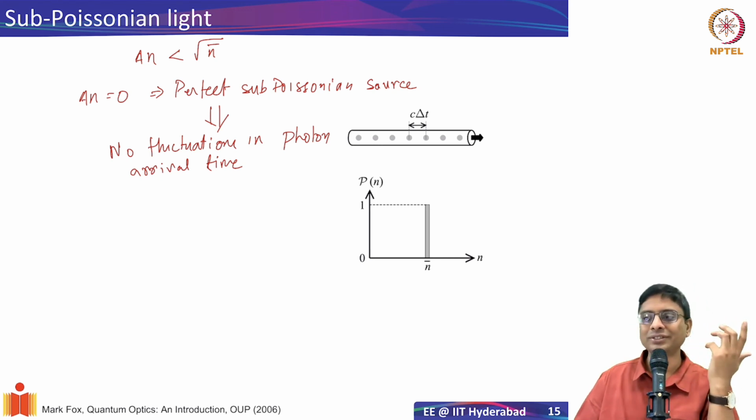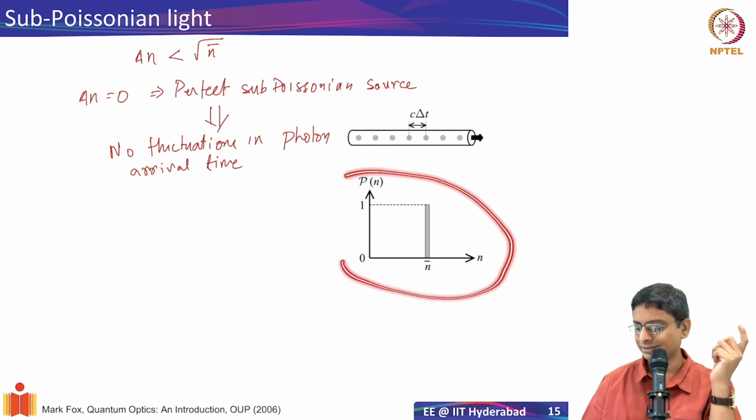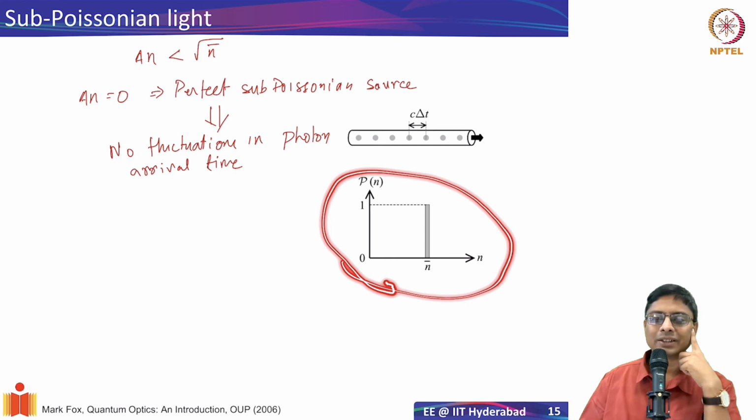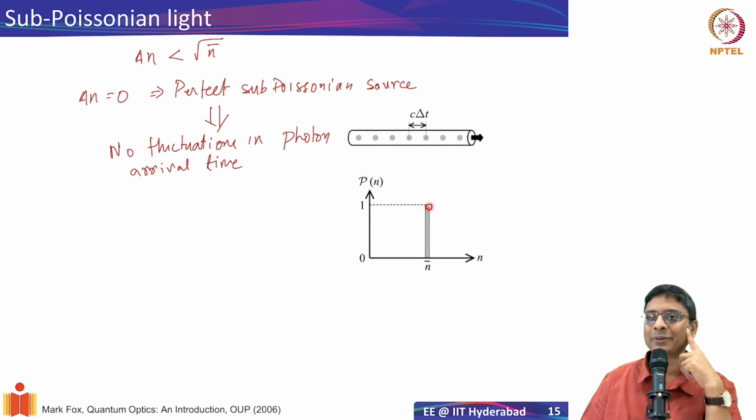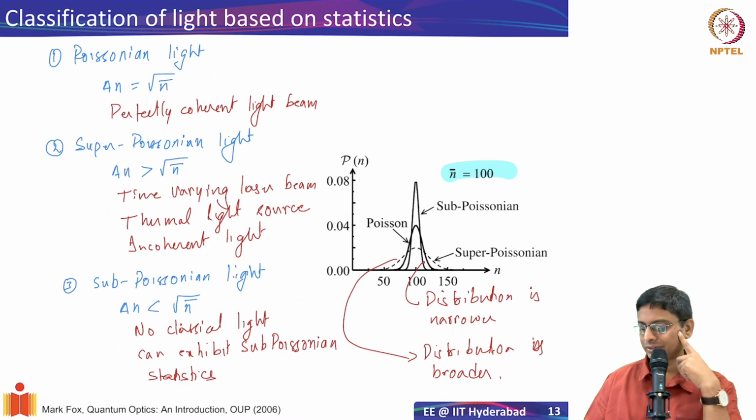If you look at the distribution, you have the average number of photons, and the probability of finding the average number of photons is 1. You compare this with a Poissonian source.